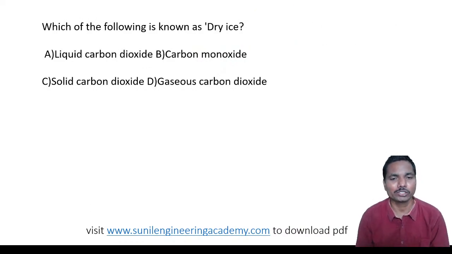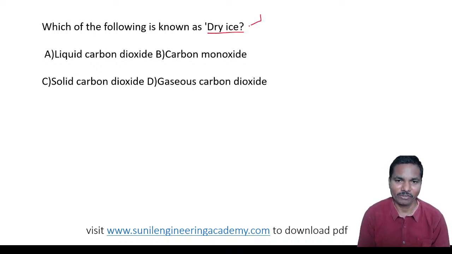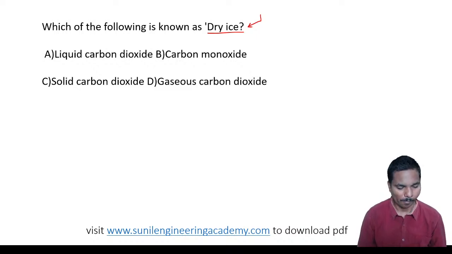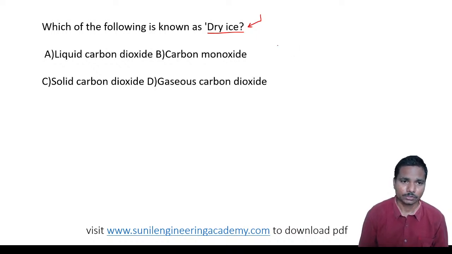Which of the following is known as dry ice? A very easy question, and all our channel students can easily give the answer. We know very well, solid CO2 is considered as dry ice.